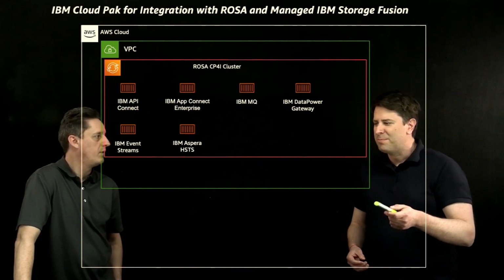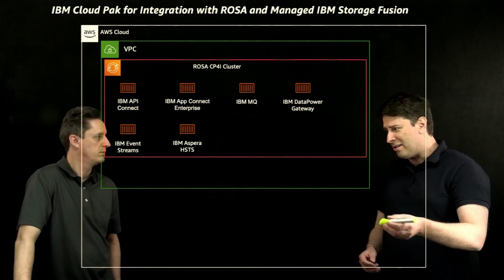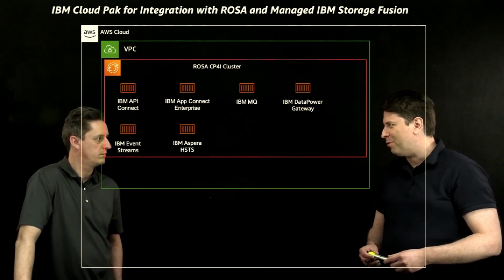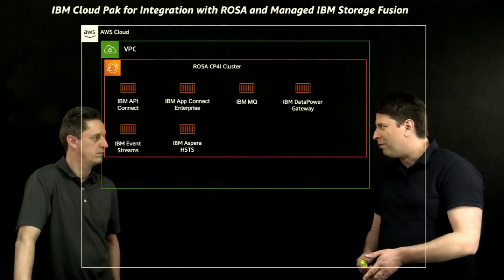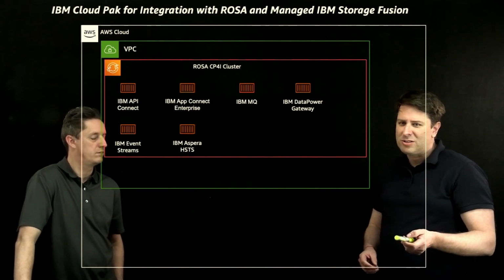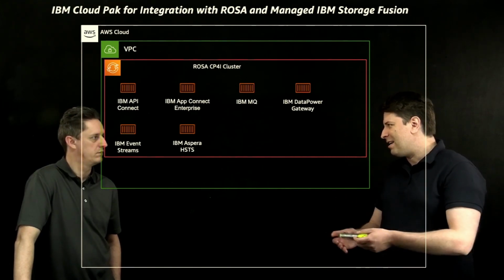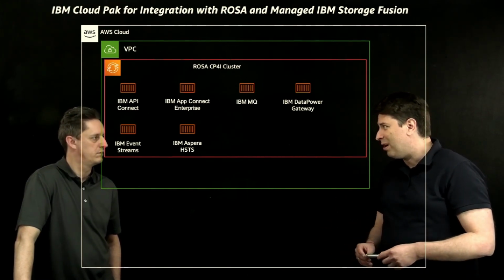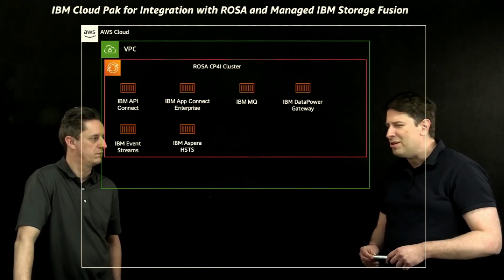So customers that build applications that use asynchronous architectures, and their architecture is built using MQ as a backbone for messaging, there is a containerized version of MQ that is a part of Cloud Pak for Integration. There are applications that use IBM API Connect to expose APIs to the public internet or to partners. So API Connect is also available as part of Cloud Pak for Integration.